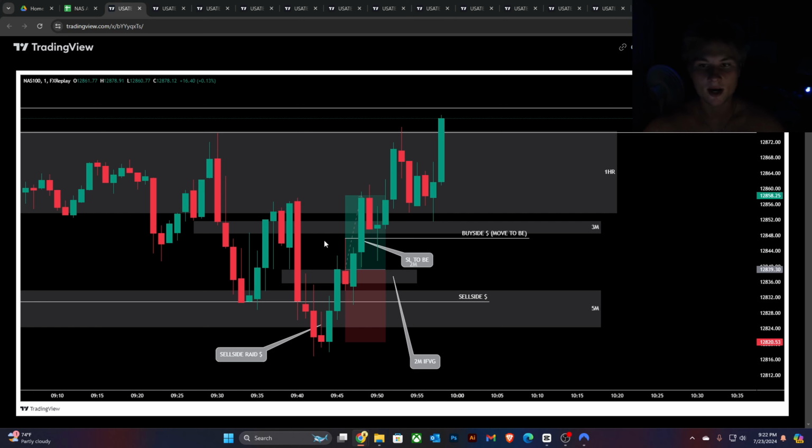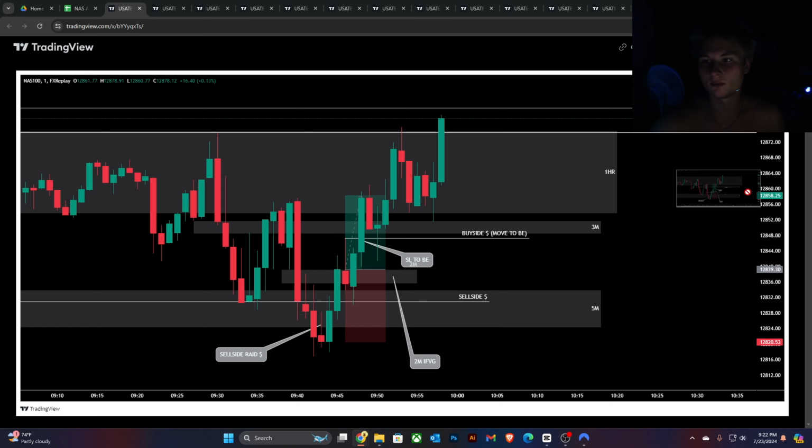Or say you have a 5 minute fair value gap that you're waiting to get inversed, you have to wait for a 5 minute close, not just a 1 minute, not just a 2 minute, because you don't want to enter on a 1 minute while you're inside a 2 minute. So that's why right here, this 2 minute inversed, it just barely inversed, but it did close above.